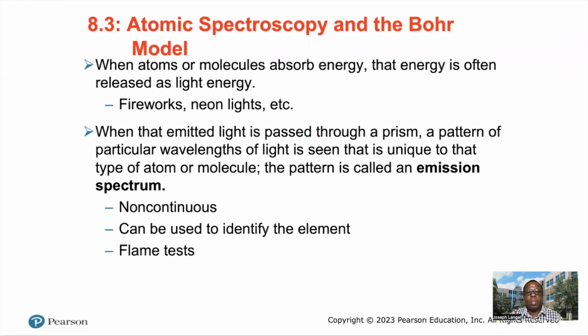All right. When the light passes through a prism, a particular wavelength is seen that is unique to that type of atom or molecule. The pattern is called an emission spectrum. It is non-continuous and can be used to identify the element. We can also see this in a flame test, which you may have done or will do in the lab, where you dip the wire in the test solution and then put it over the flame.